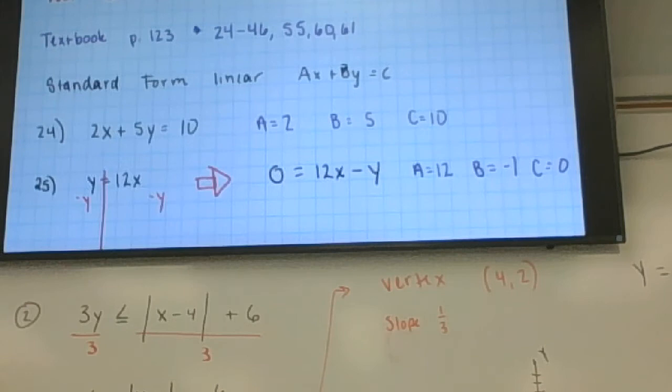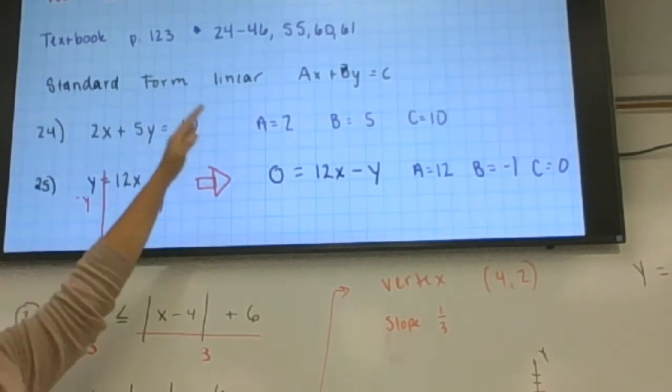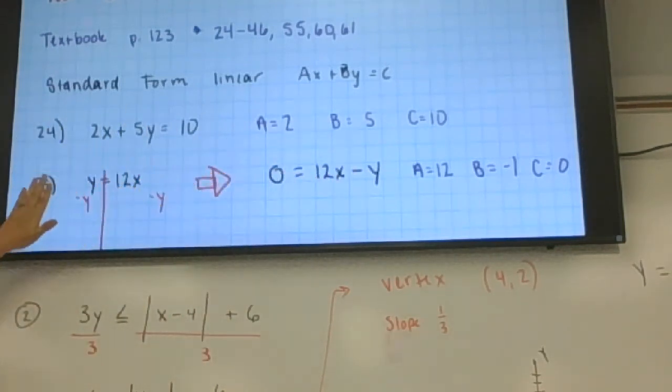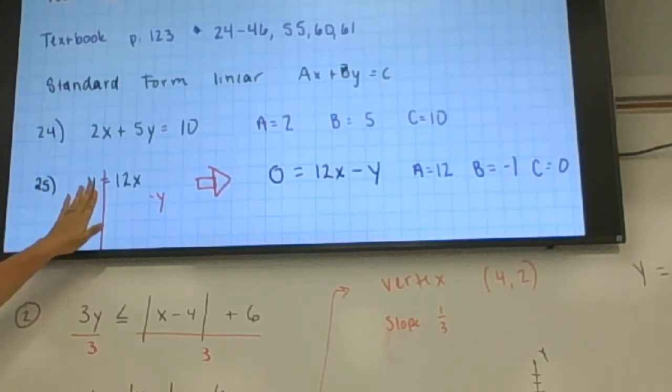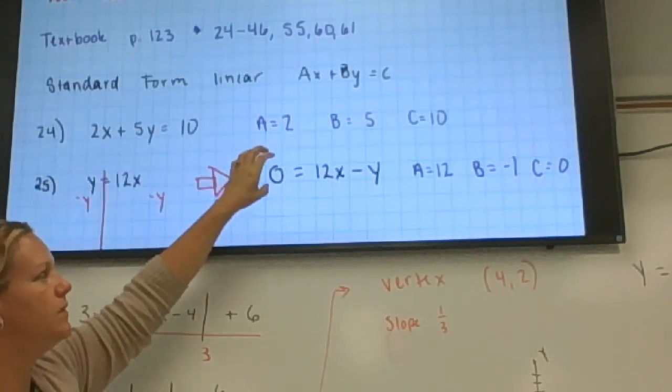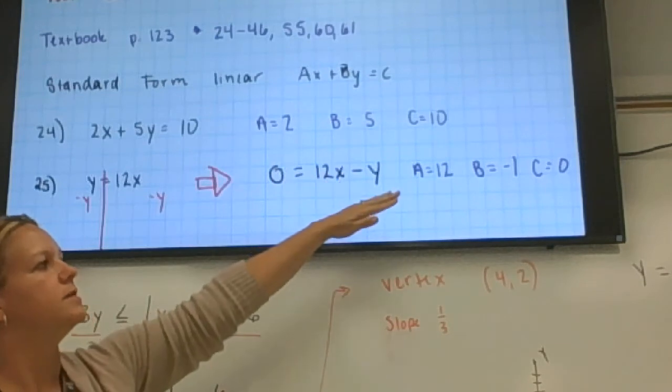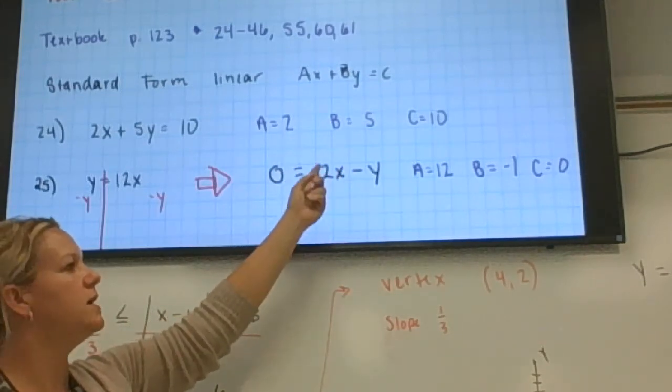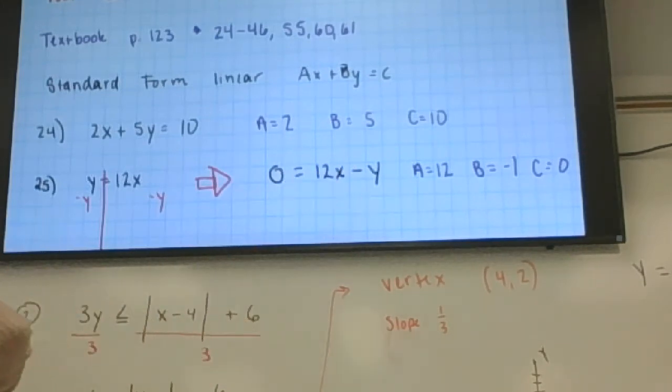You lost a point. So 24 given. Just say what A, B, and C are. 25, X and Y are now on the same side, so you either subtract 12X from both sides or you subtract Y from both sides. I subtracted Y from both sides, leaving a 0, which is pretty uncomfortable. I don't like zeros, but there it is. And then A would be the coefficient of X, B is the coefficient of Y, and C is that 0. So all you're doing is identifying coefficients when X and Y are on the same side.